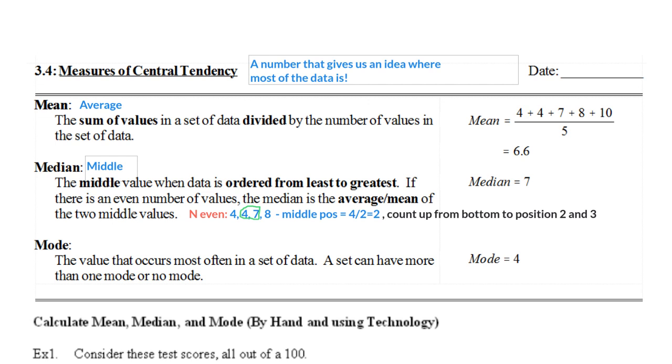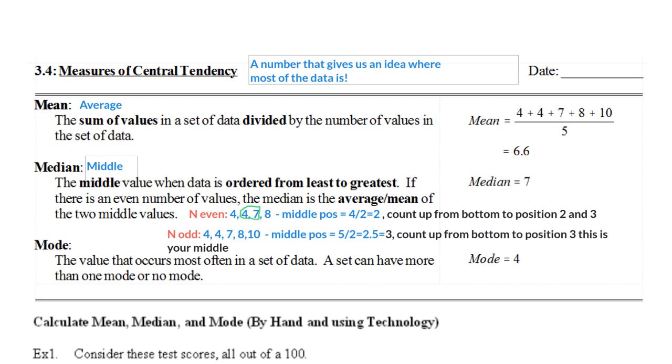Now we'll go over examples of that later. But right now, let's go over what happens if the number of values is not even. So we've got 4, 4, 7, 8, and 10. In this case, the middle position is 5 divided by 2, which gives us 2.5, which tells us it's number 3.